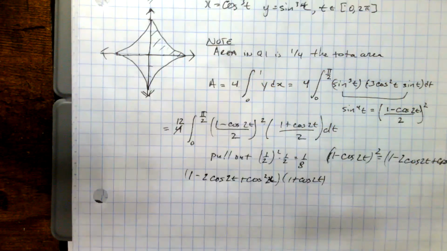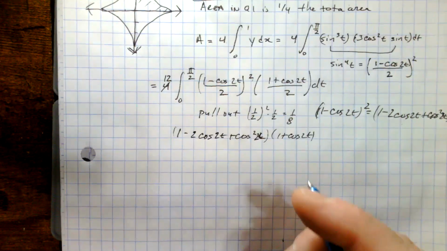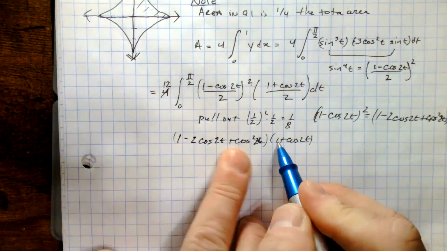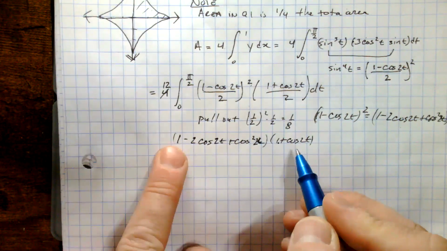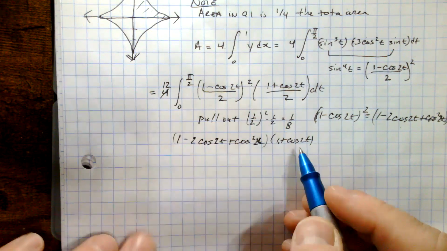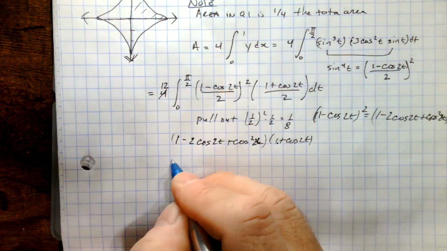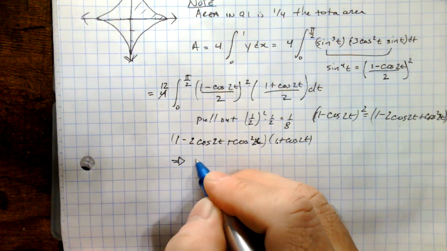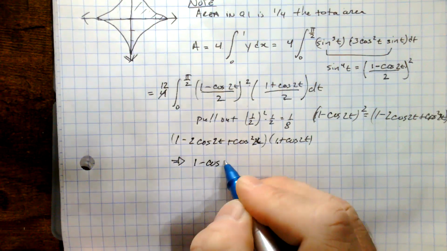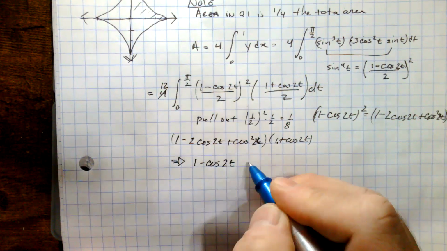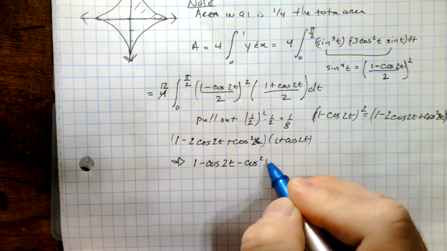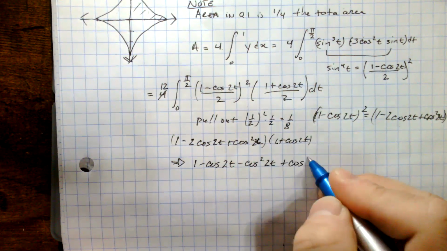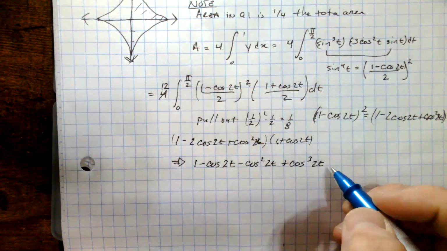Let's see if I multiply this out. This one is going to give me a copy of everything that I see here, and I'm going to multiply everything here by that. So if I do that, this is equal to 1 minus cosine of 2t minus cosine squared of 2t plus cosine cubed of 2t.